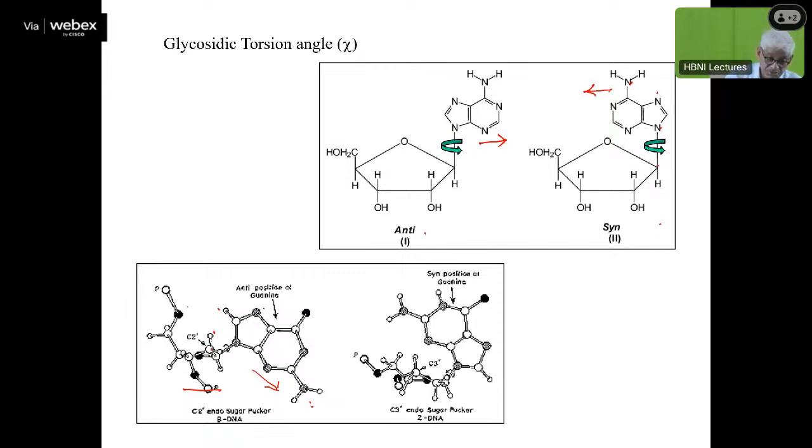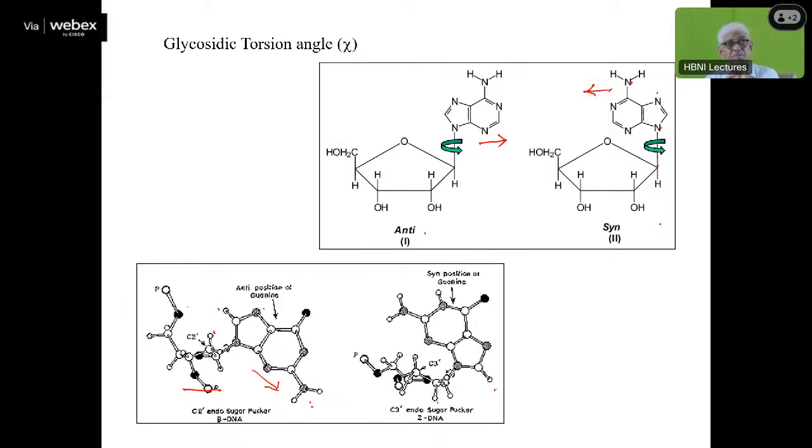The distance between these two is one thing in this situation, and the distance is very different in this situation. This is so far compared to this, the C3 prime endo sugar. Because this particular hydrogen atom is here, this is very far away. So in these situations, these distances matter, and you will see them in the NMR spectra.